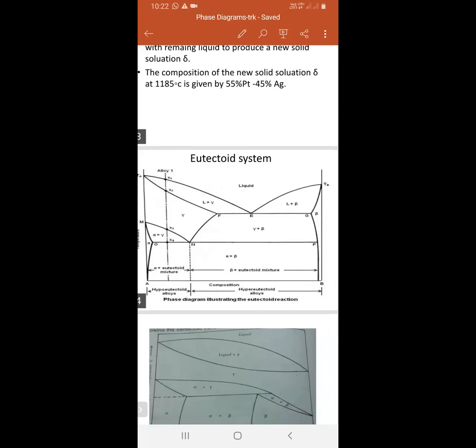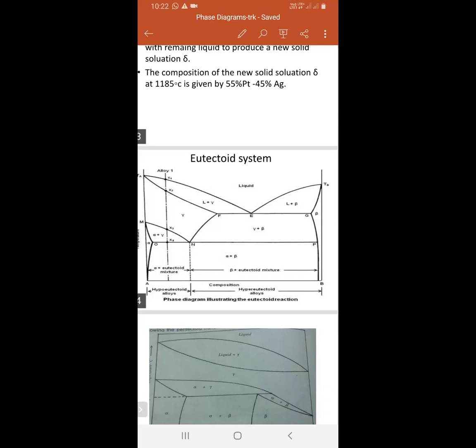Then when it starts cooling and reaches a certain region, the phases will change. As per our invariant reaction, particularly in the eutectoid system, where does the invariant reaction exist? Can you tell?